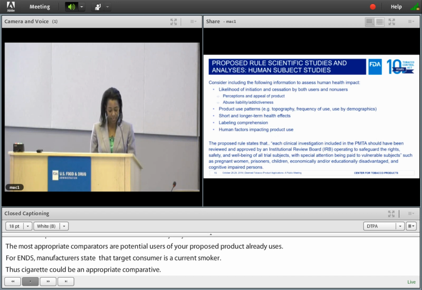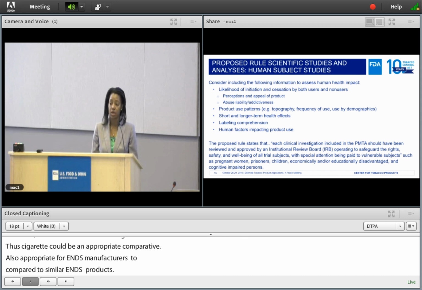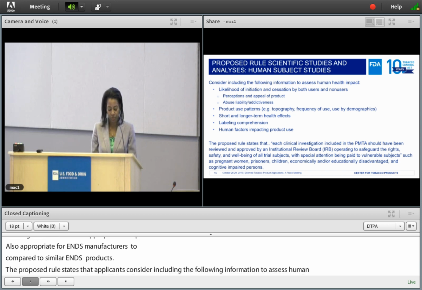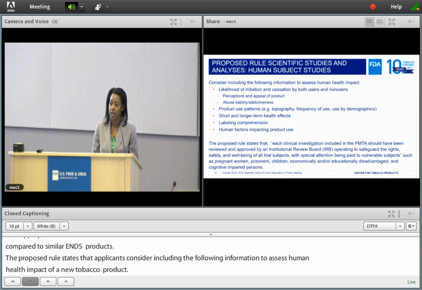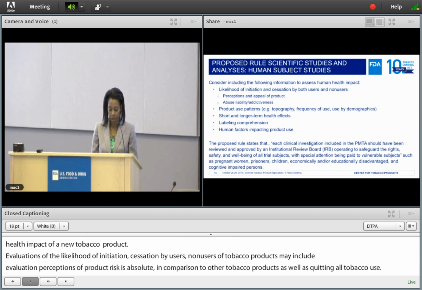The proposed rule states that applicants consider including the following information to assess the human health impact of a new tobacco product. Evaluations of the likelihood of initiation and cessation by both users and non-users of tobacco products may include the evaluation of perceptions of product risk, both absolute and in comparison to other tobacco products, as well as quitting all tobacco use, abuse liability and addictiveness, evaluation of product use patterns, evaluations of acute and longer-term health effects.